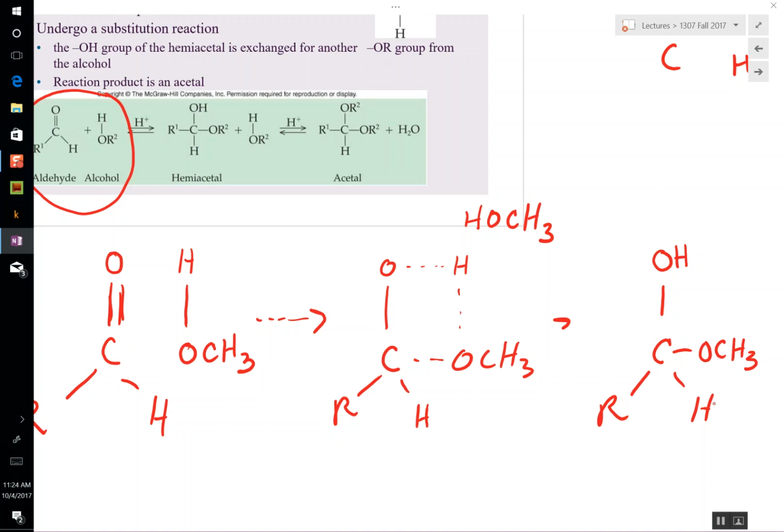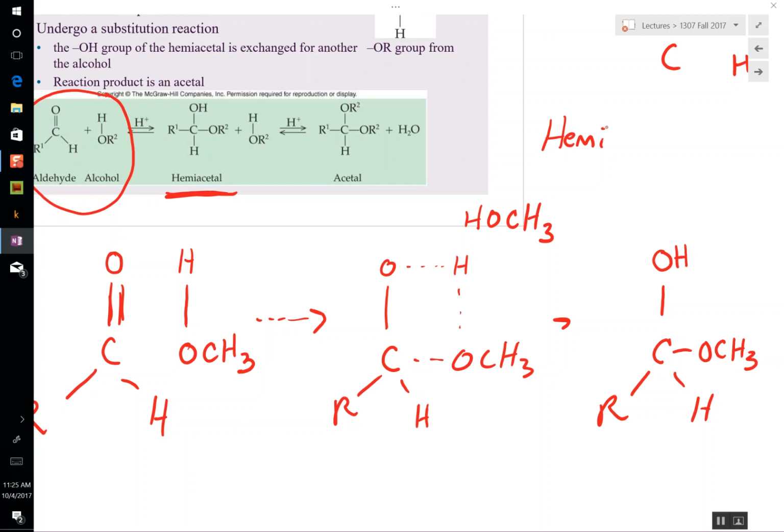This is a hemiacetal. You might say, well, that seems like a strange name. The equator cuts the Earth into two what? Hemispheres. So what is a hemisphere? A hemisphere is half of a sphere.